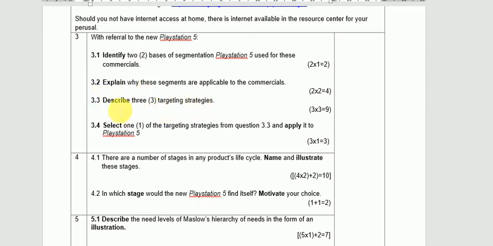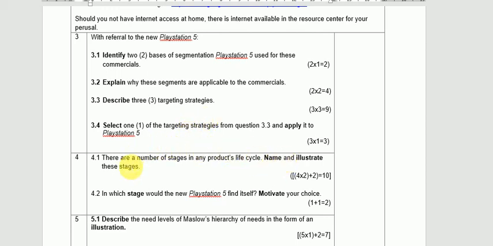Describe. That's why it's 3 times 3. In other words, you're going to name 3 targeting strategies. You're going to explain these 3 to get the 9 marks. 3.4, select one of the targeting strategies which you think applies to PlayStation 5, and obviously motivate your answer.